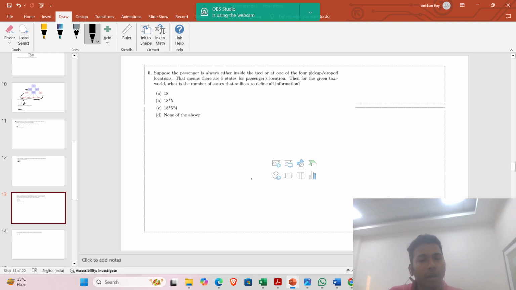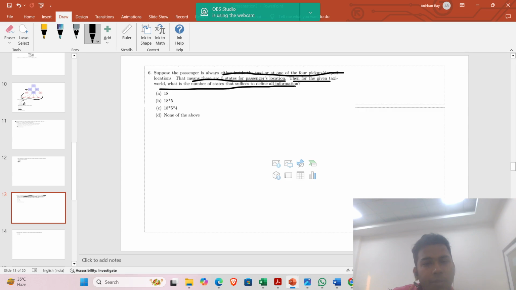Next, suppose the passenger is always either inside the taxi or in one of the four pickup or drop off locations. This means there are five states for the passenger location. And for the given taxi world, what is the number of states that suffice to define all information?